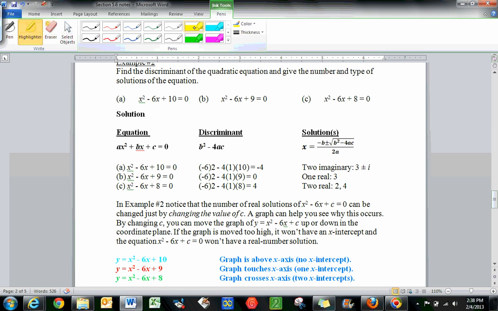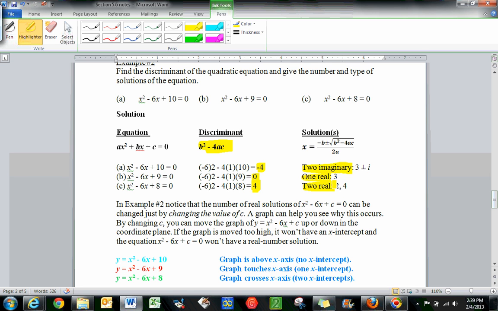You can see here in this example, the discriminant in each of these cases gives us a specific value. Even though we do not work out the quadratic formula, we've given you the answers here. When it was negative, that gave us two imaginary solutions. When it was 0, it had one real solution. And of course, when the discriminant was positive, we had two real solutions.